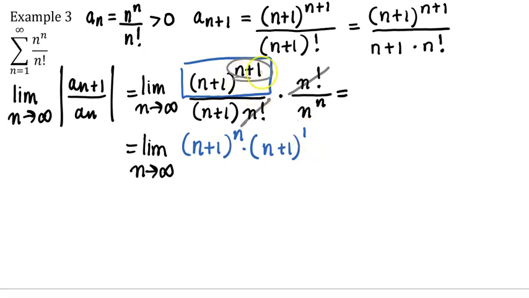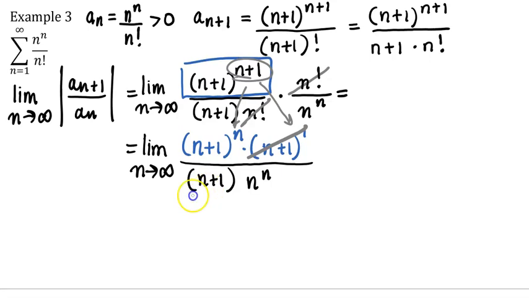So I've taken this exponent of n plus 1 and split it up into the n and the 1. And hopefully you see that I did that so that I'll be able to cancel with the n plus 1 that shows up in the denominator.